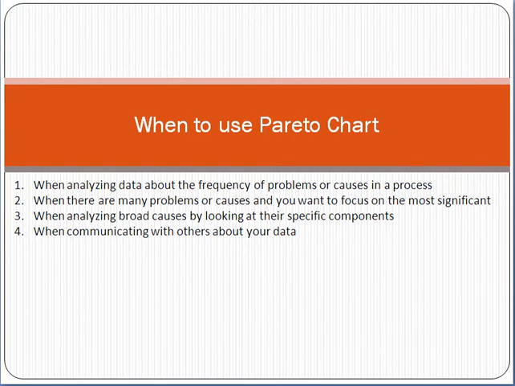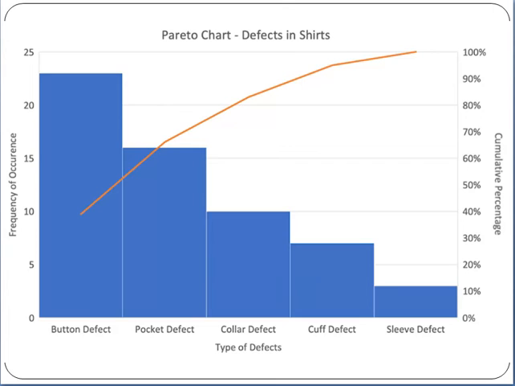Okay, now I just want to show you a very simple Pareto chart here. See friend, there are bars, and there is a line representation as well. This is a Pareto chart for defects in shirts. This is the types of defects, and this is the frequency of occurrence.